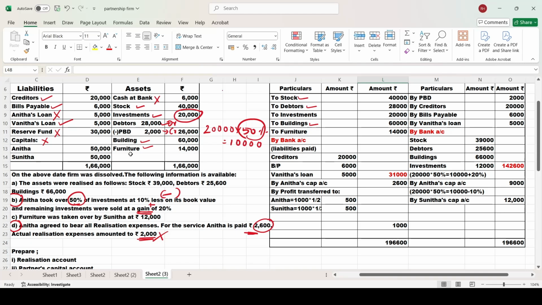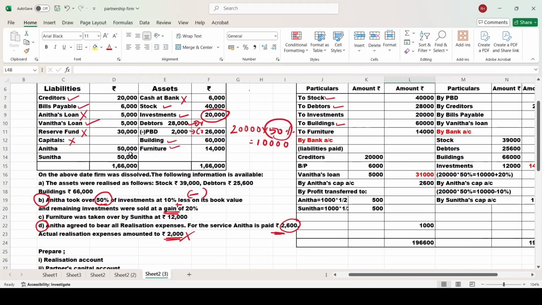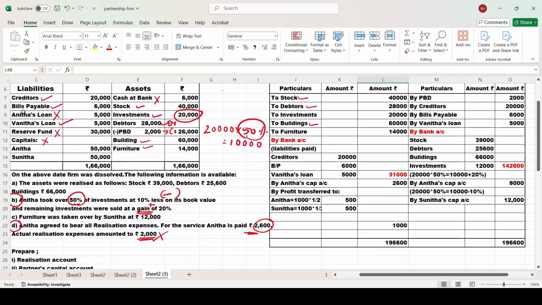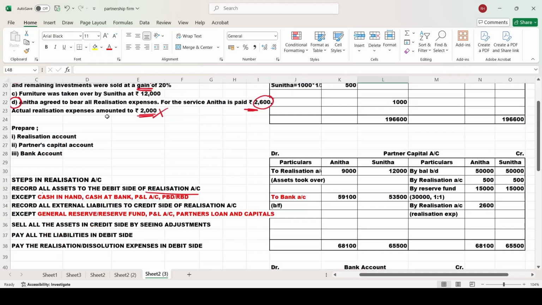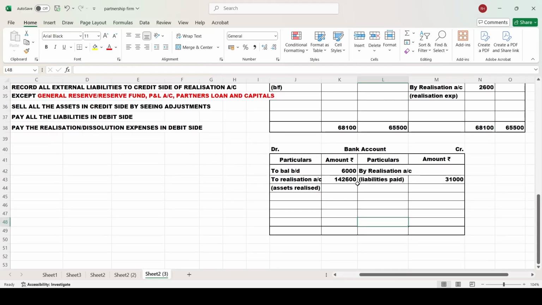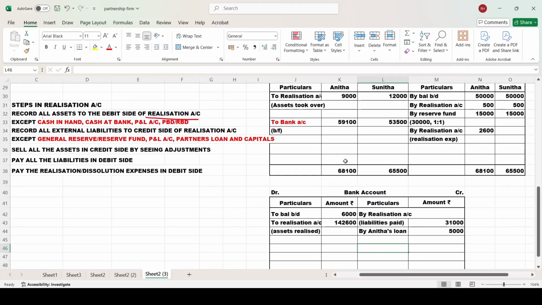Now come to the balance sheet. If any partner's loan is there, first you take it. We have Anita's loan. Anita is a partner, 5,000. We'll record it here by Anita's loan account. How much? We have just seen, 5,000. Next, after that, come to the partners' capital accounts.